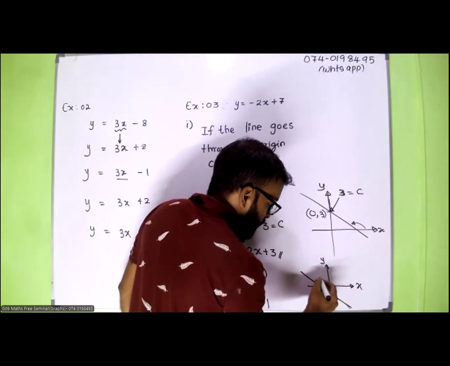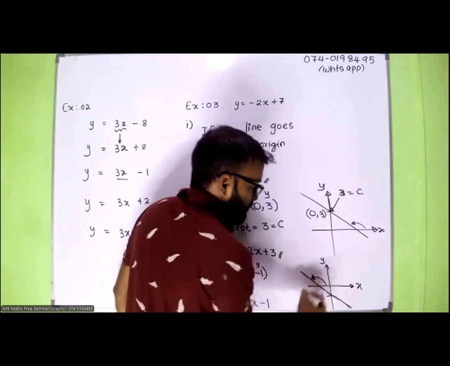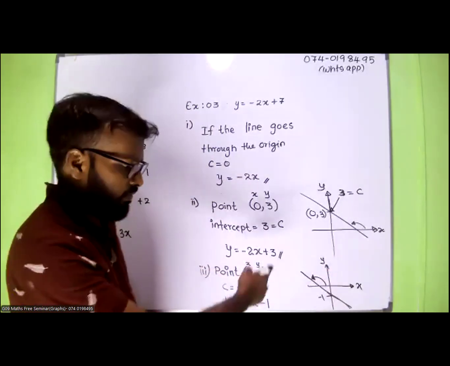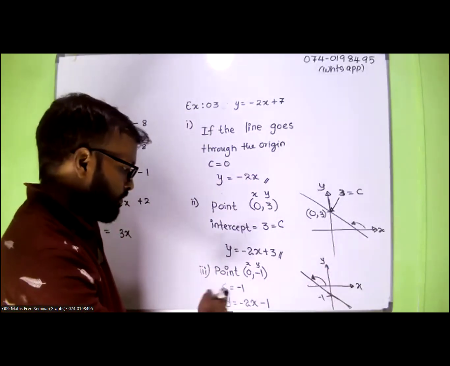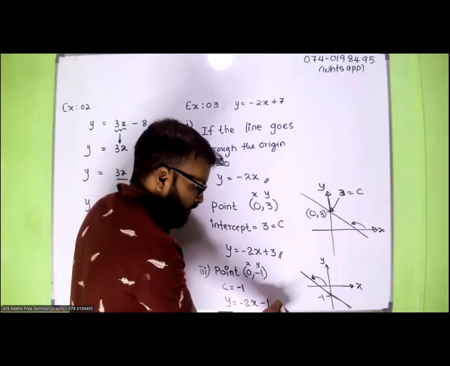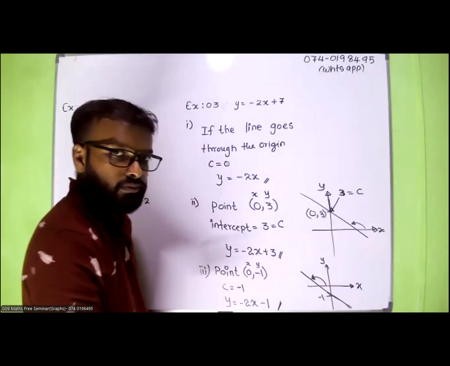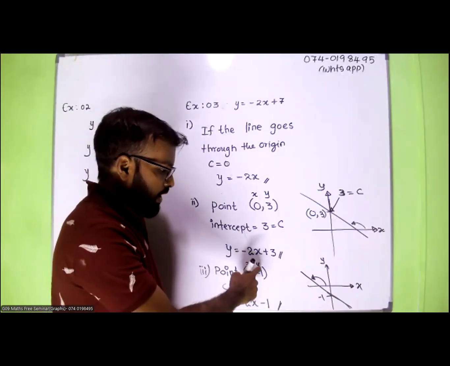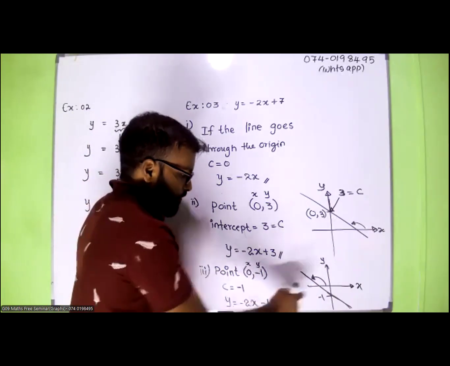So this is an obtuse angle, which is -2x, the gradient. So it is some kind of a graph like this. This is your parallel line which goes through the point (0, -1). The y axis crosses through -1.